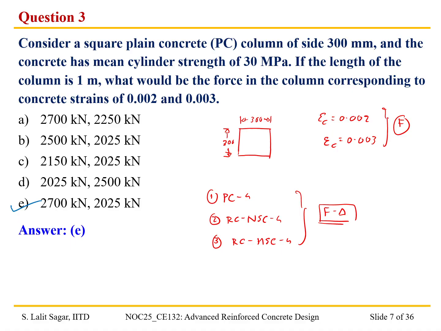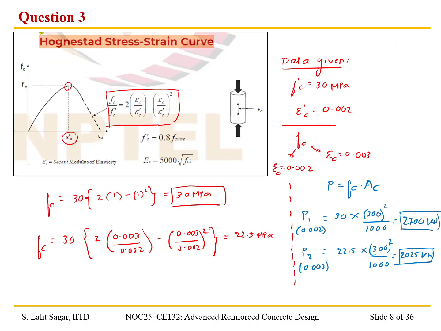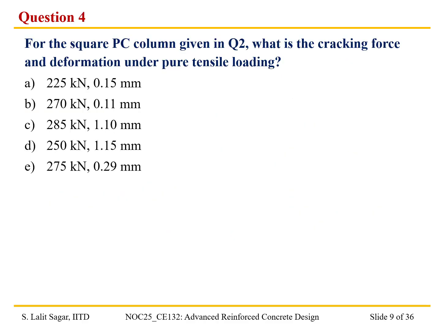So we have somewhat assessed the behavior of the plain concrete column under compression. Now let us determine the behavior of the column under tension. For the square plain concrete column given in question 2, what is the cracking force and deformation under pure tensile loading?